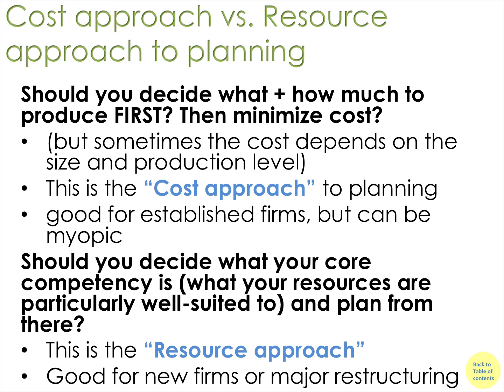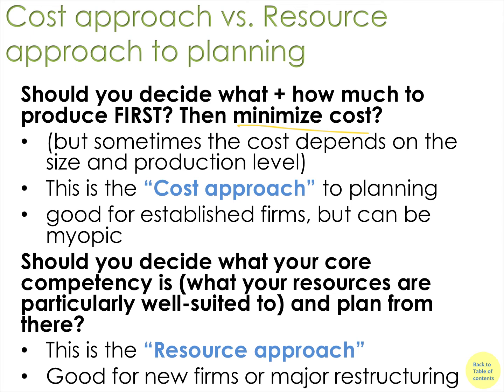Well, the cost approach, which is the default that we've been using, which is decide what quantity and then minimize your cost, can relate to this problem of it depends, right? You might not know what the cost is until you get your production level set. So there can be like a cart and a horse situation, which comes first.